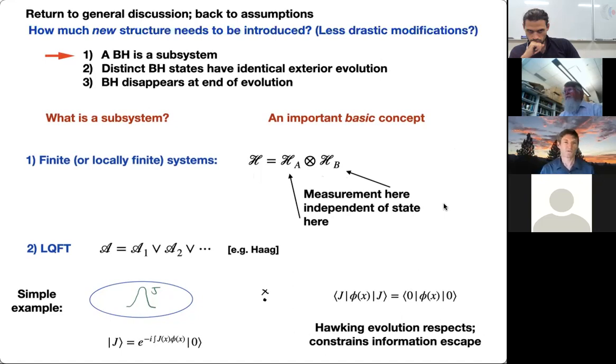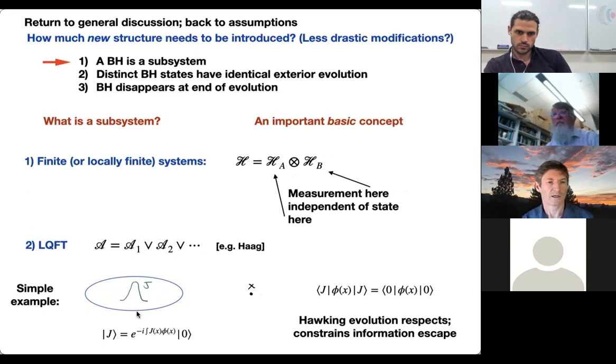As I've said, in local quantum field theory, that's not quite how we usually do things. Instead, we think of the algebra of observables as being composed of putting together algebras corresponding to, say, different regions. That's described nicely in the book by Haag and other references. But let me give you a simple example. If we think about, say, a scalar field, and we have a neighborhood here, then we can take the vacuum and act on it by an operator that looks like this, where J is a source of compact support.